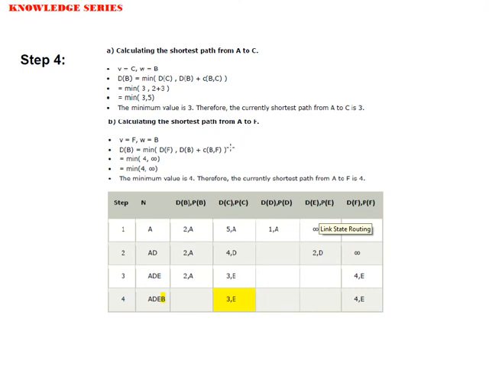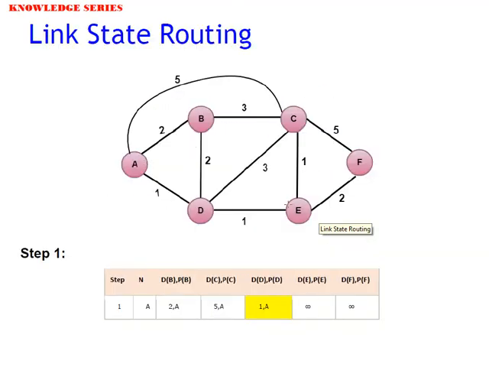In another case, D to B is 2, and here it is infinite. So this 2 and infinite becomes infinite. So the distance to F is 4. Now you may ask how it is 4. You try to see 1, 1, 2. It is 4. And what is here in this case?